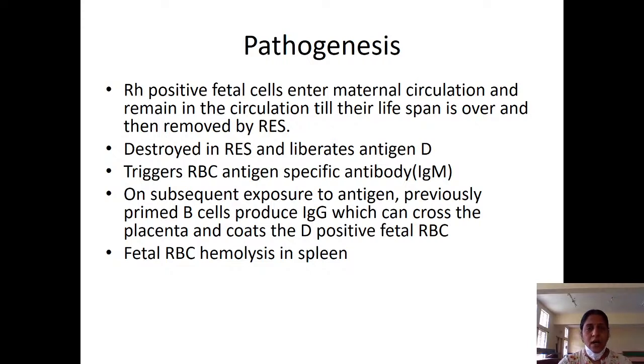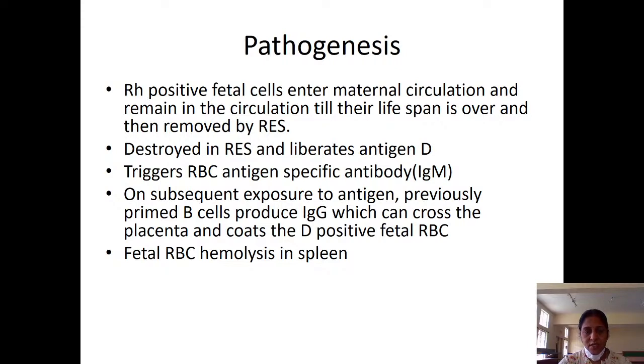It happens when such Rh positive fetal cells enter the maternal circulation and remain there until their lifespan is over. As you know, the red blood cells' normal average lifespan is 120 days. They will be in the circulation for their lifespan, and then these red blood cells are destroyed by the reticuloendothelial system.